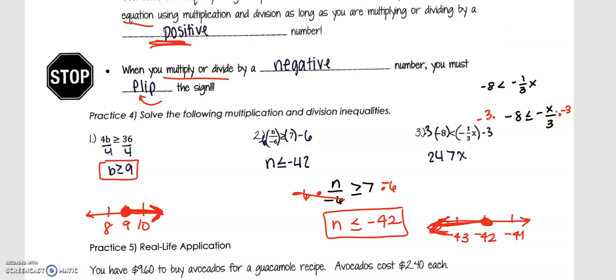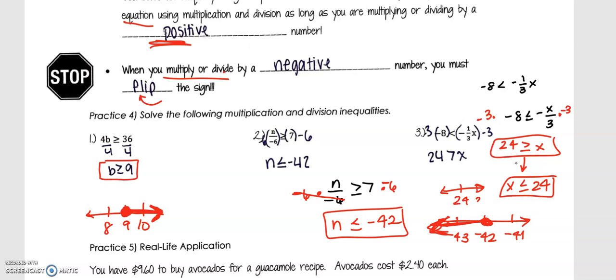So I'm going to have negative 3 times negative 8, that gives me 24. I multiplied by a negative, so I've got to flip the sign, and my x is by itself. Remember, we want to have the variable first, so I'll flip everything. That's a better answer. And then we can practice graphing, 23, 24, 25. Closed circle because it's or equal to, and it's going less than. So I'm going all this way.